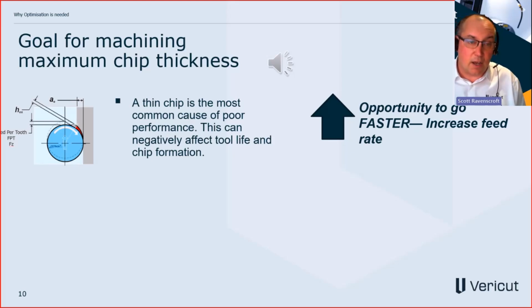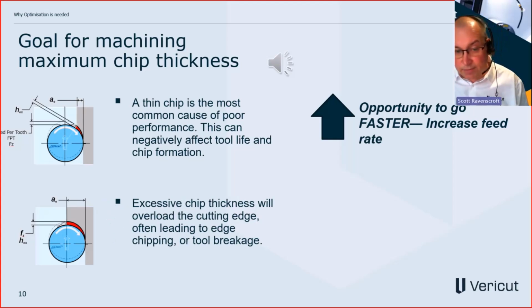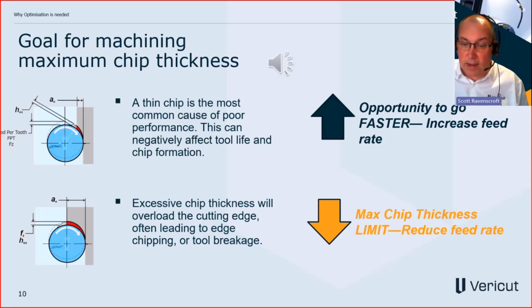And this is our opportunity to increase feed rates. And the same, an excessive chip thickness will overload the cutting edge. It will often lead to edge chipping or tool breakage, and the software here will automatically adjust feed rates to limit back feed rates to avoid this.